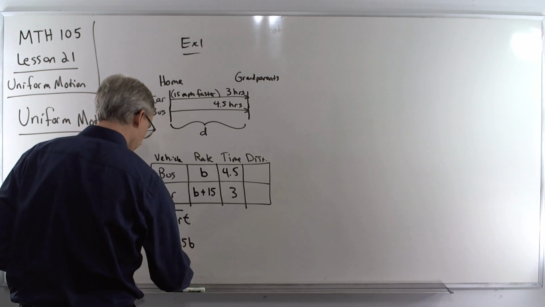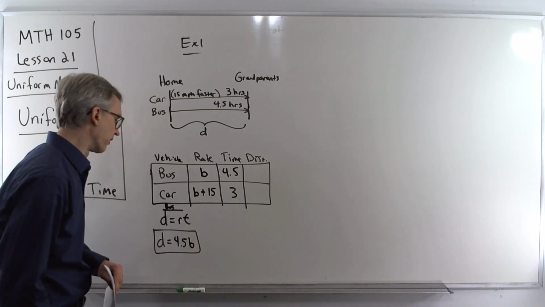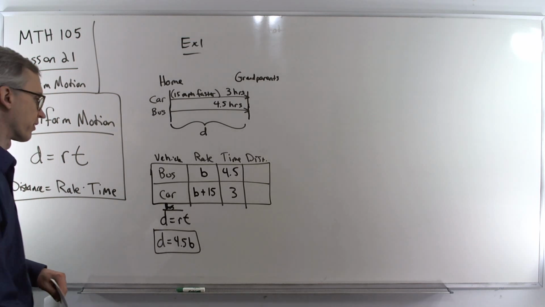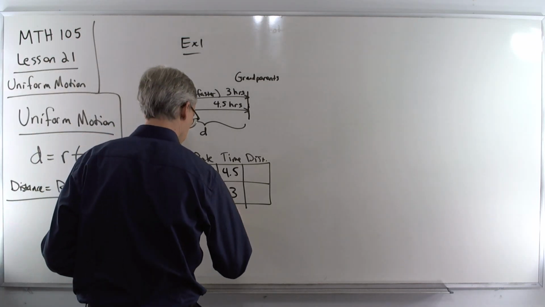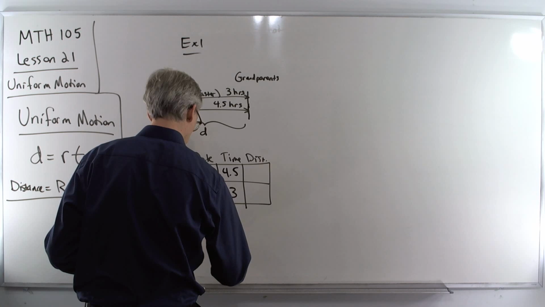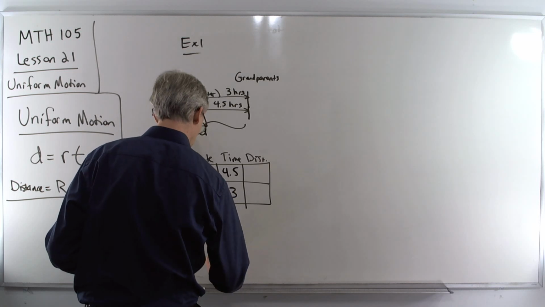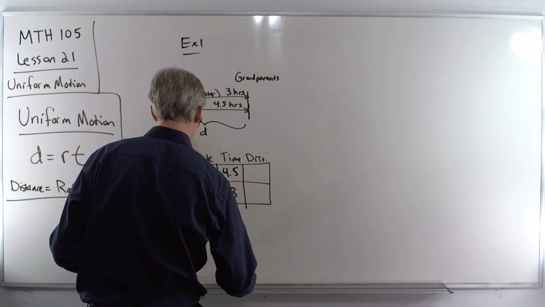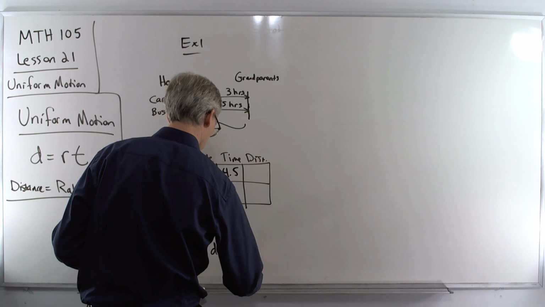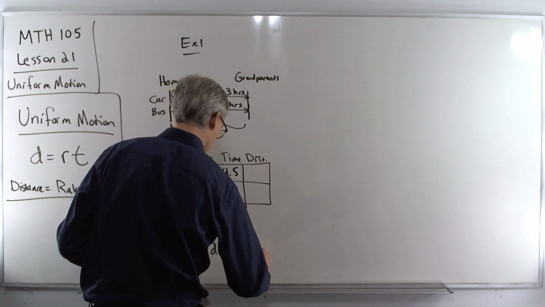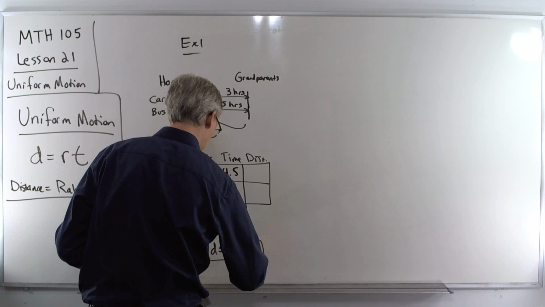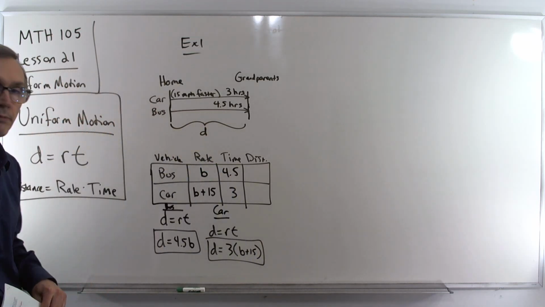Multiplying those two together, we get 4.5b. And then for the car, multiplying the rate times the time, we get 3 times b plus 15.